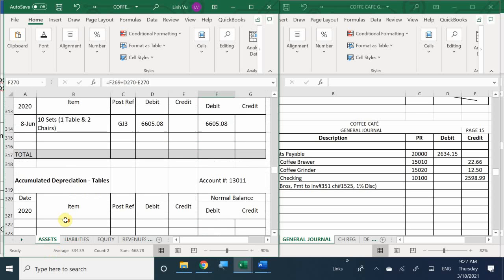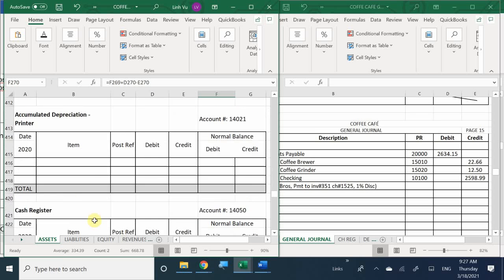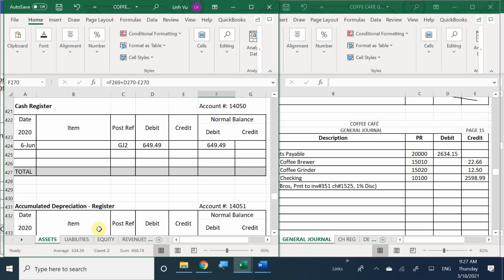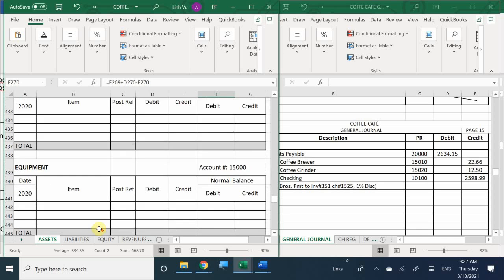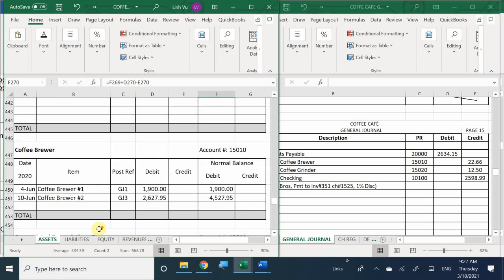Now we're going to go to my assets and then checking. Okay, so locate that coffee brewer and that coffee grinder. Here we are. Coffee brewer. We're going to say 1% discount off on brewer number 2. Okay.